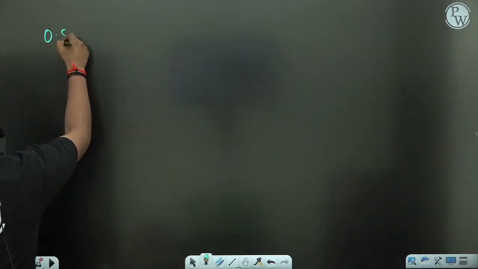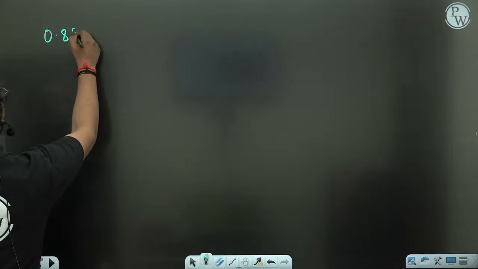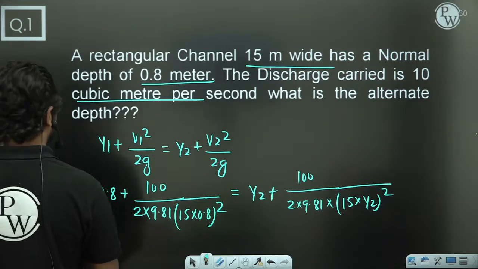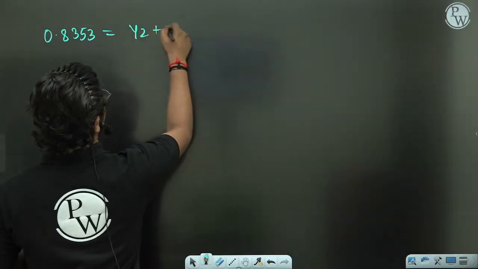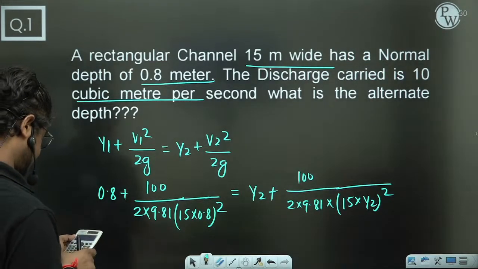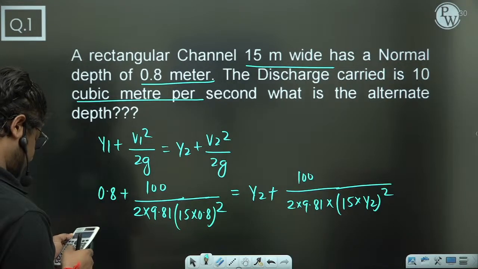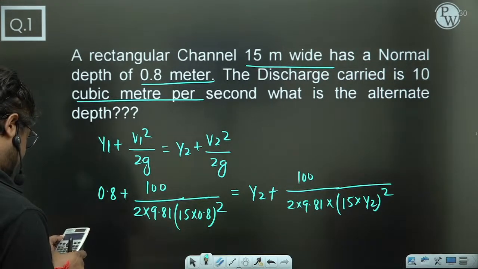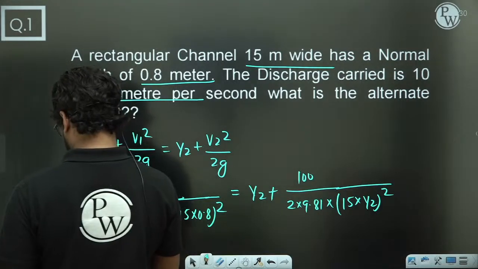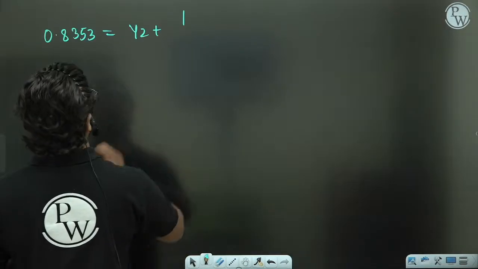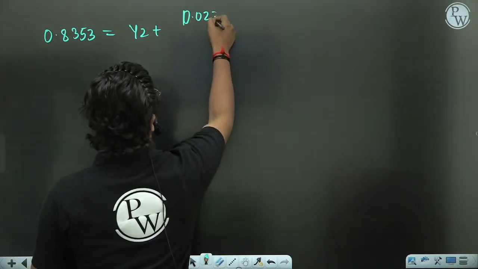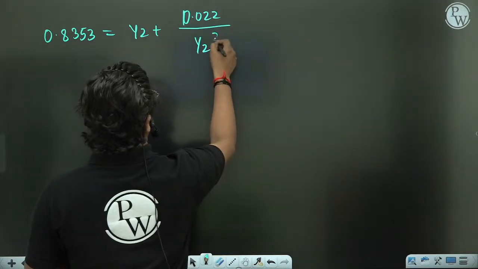This is 0.8353 is equal to y2 plus 0.022 divided by y2 square.